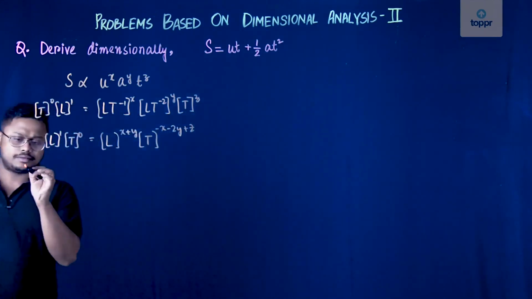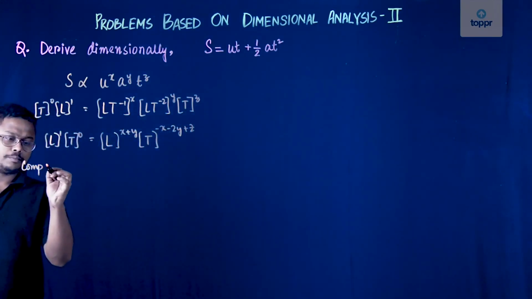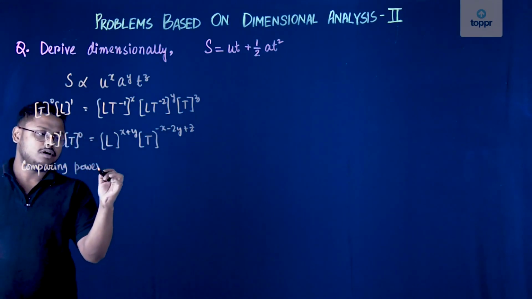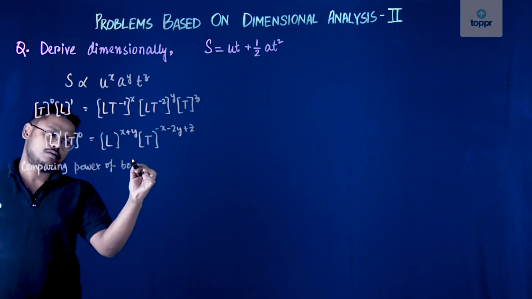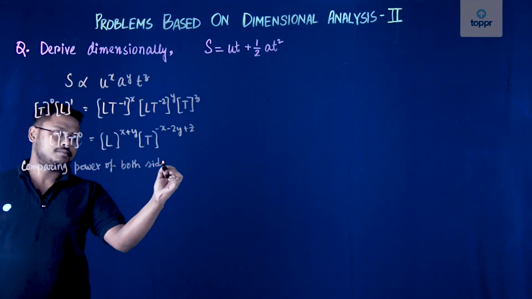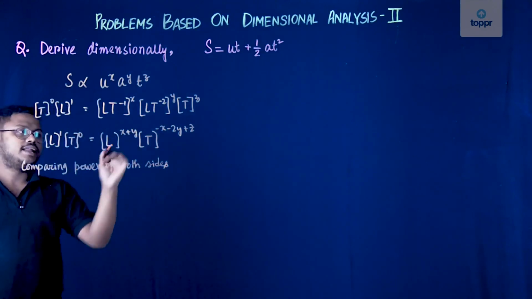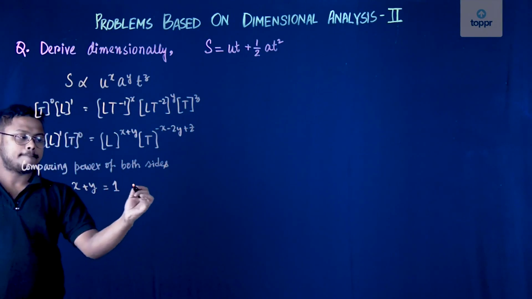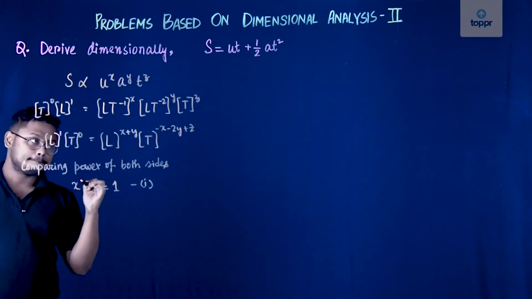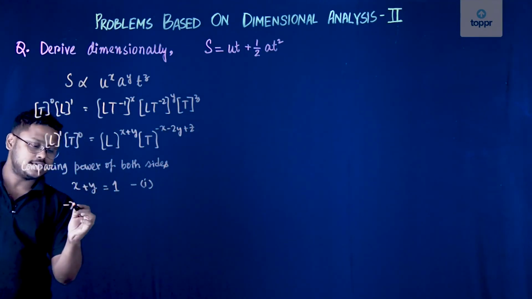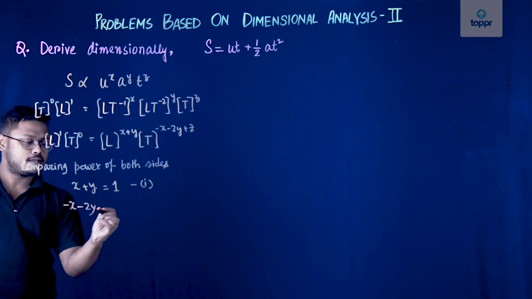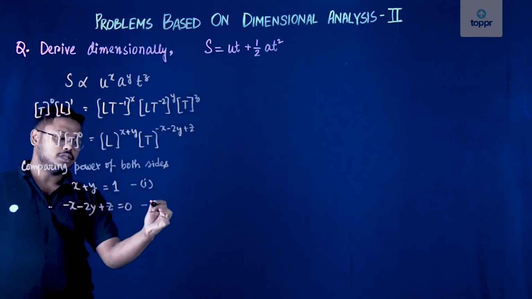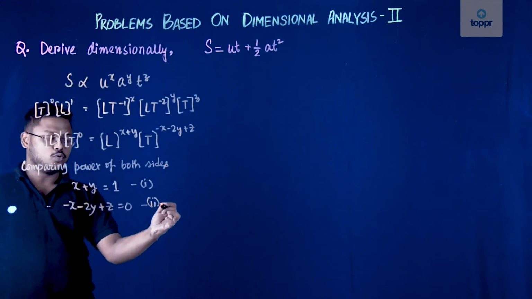Comparing the power of length, x plus y equals 1 as equation number 1, and minus x minus 2y plus z equals 0. This is equation number 2.